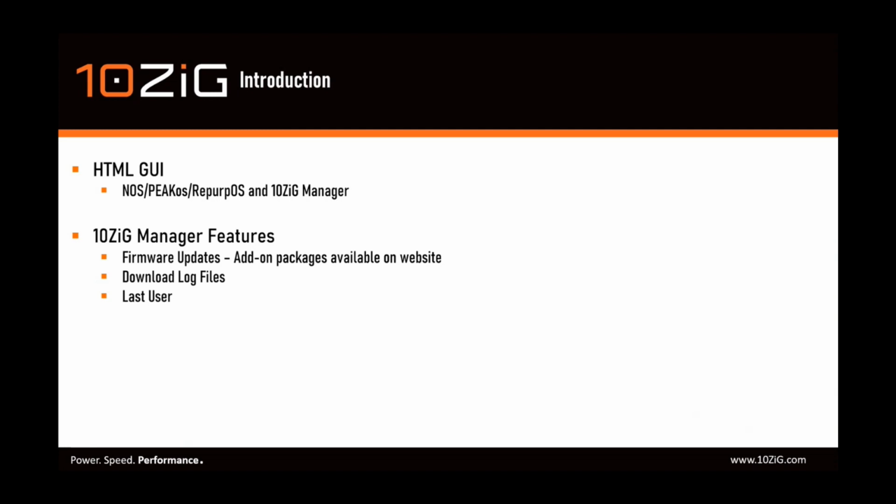There's also the ability to see the last user that logged on to a VMware session through the Tenzig Manager console. And then finally, we can now send system messages to the in-house based Linux clients. We'll also have an HTML GUI demonstration, which Matt will perform. And then we'll finish off the webcast looking at a summary of what we've covered and also a Q&A session for any questions that you might want answering.